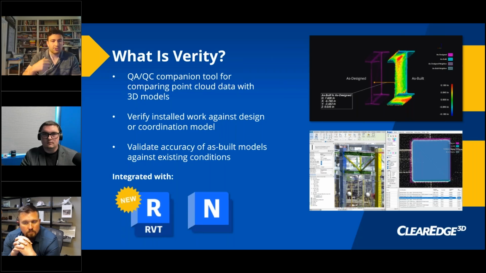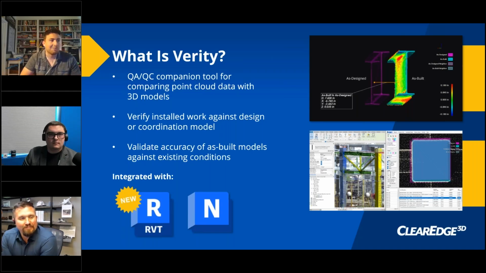Verity will then go through and say, is this item found within the point cloud? Is it built? And if it is built, is it within tolerance? That way users can quickly validate the installation accuracy of any kind of geometry using the point cloud, very quickly and very efficiently. And again, we'll be taking a look at that here quickly with a demo, as well as a nice case study, Michael Clark, our power user.